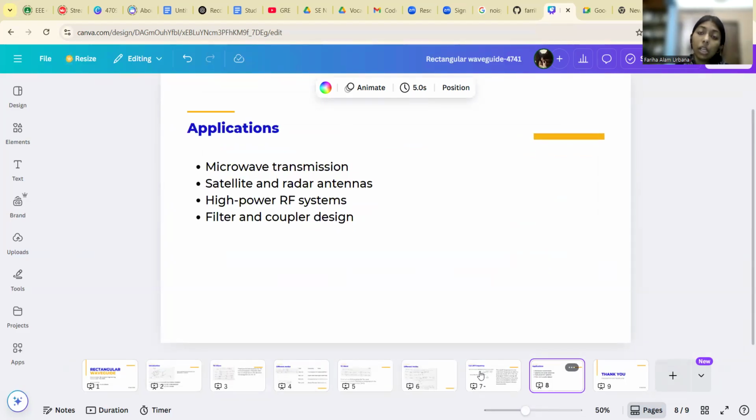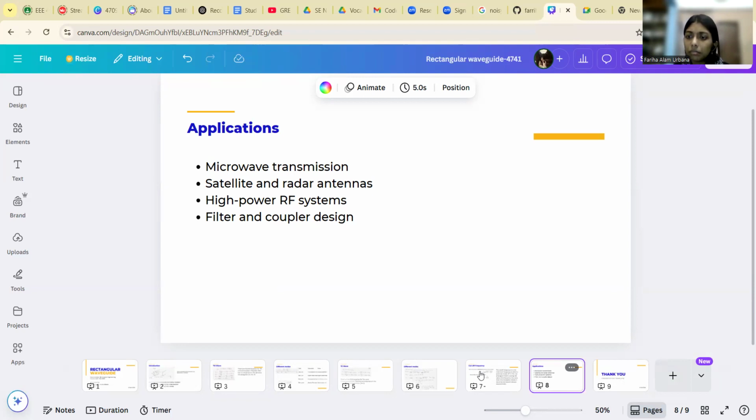So now let's talk about why we use this rectangular waveguide. It can have different applications. We can use it in multiple microwave transmission for satellite and radar antennas, high power RF systems, as well as designing any sort of filter or coupler device.